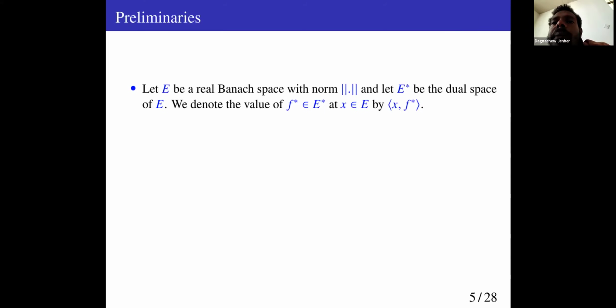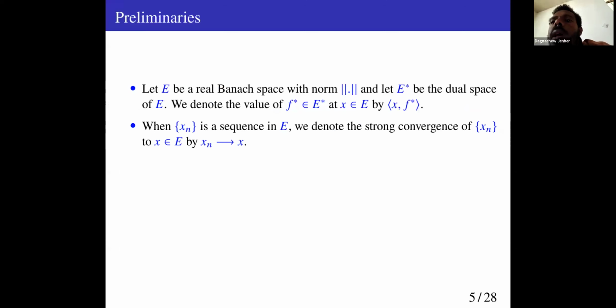These are the preliminary sections. This is just for the notation of the norm and the notation for the duality of the space E and the duality between X and F star.